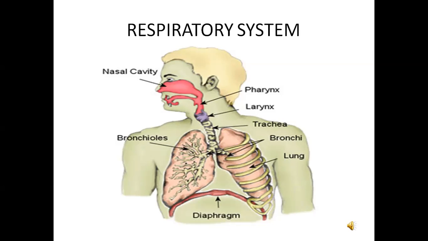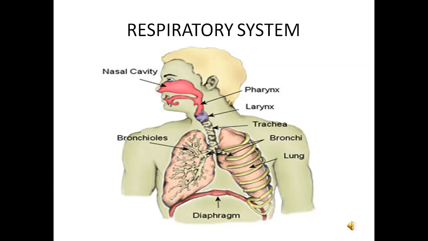It helps in the movement of air in and out of the body. Exchange of oxygen and carbon dioxide occurs between air in the lung and blood. The entry of food into the windpipe is prevented by a flap-like structure called epiglottis.